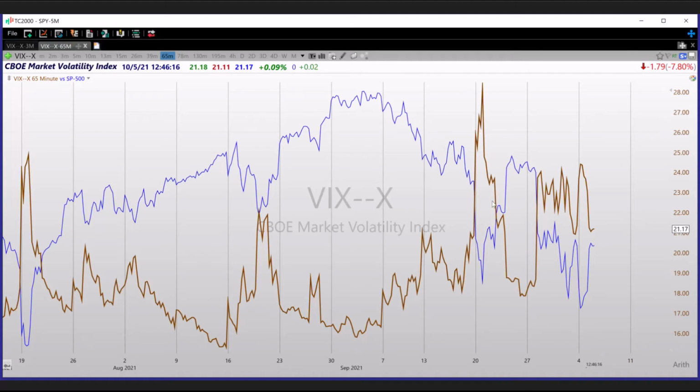Yeah, we have since gone up, made a lower high. We have not bettered those record highs of beginning of September, end of August, and we've in fact gone to a lower low. So on a shorter term basis, we are in a downtrend right now, and the VIX is in an uptrend.